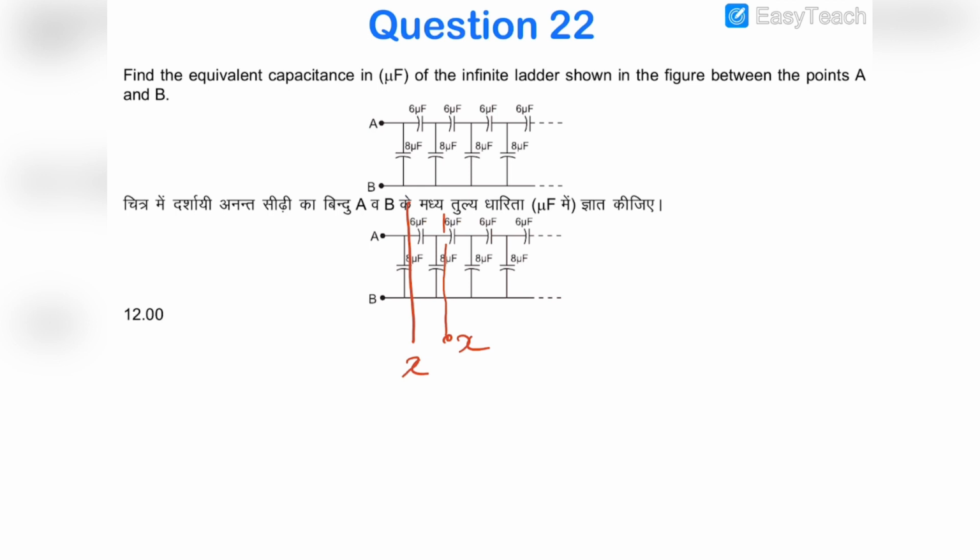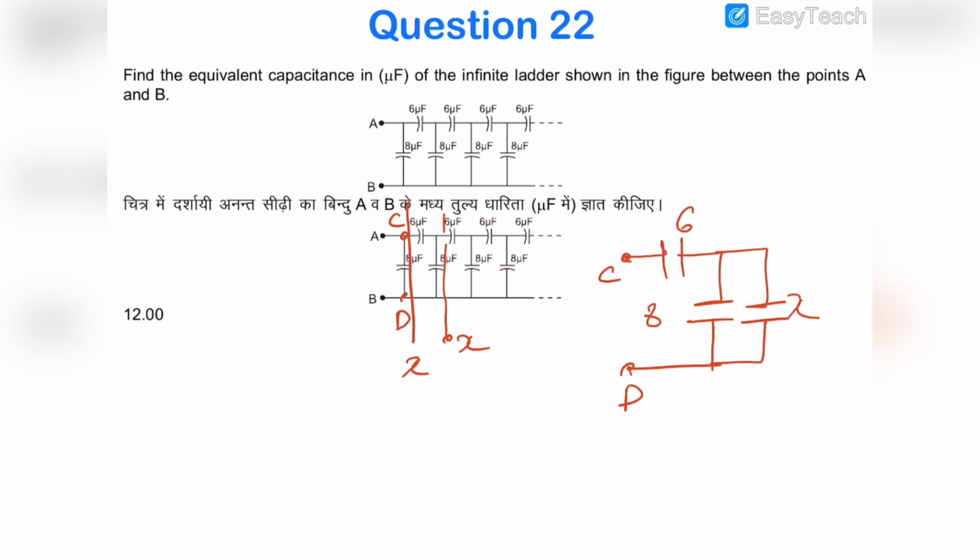Therefore what we can draw is this is 6 and this is 8, and this point is C and this point is D. Now C and D are these points. And this is X. So the equivalent between C and D would also be X. So we can calculate this, and you can see that 8 and X are in parallel and they are in series with 6.